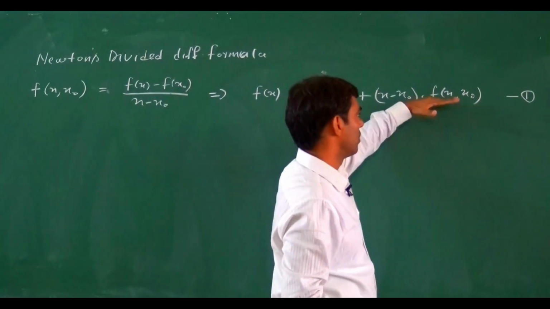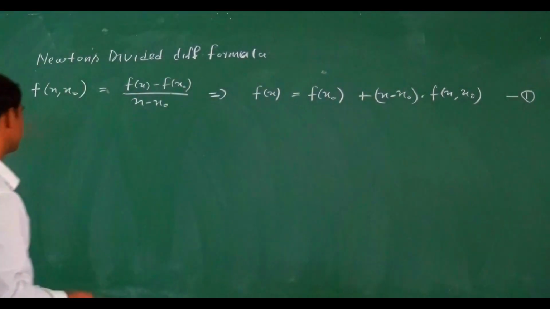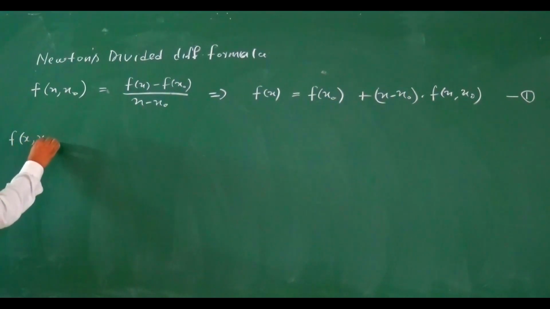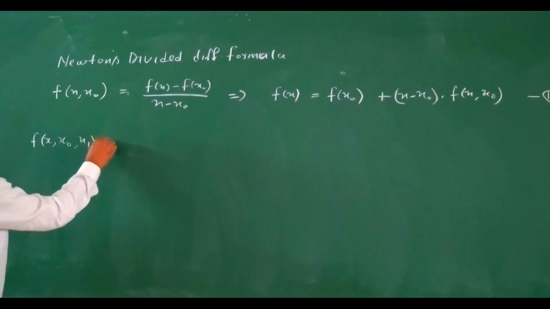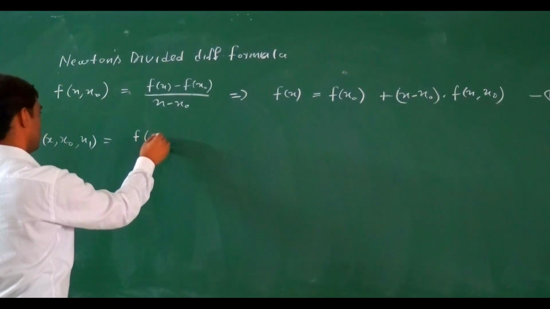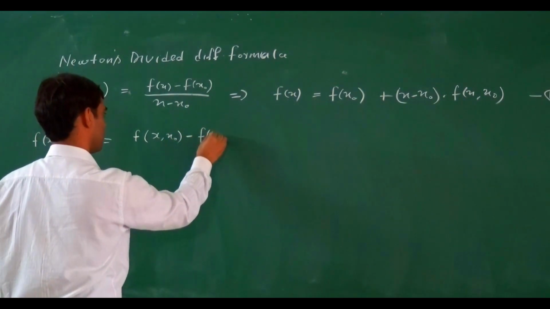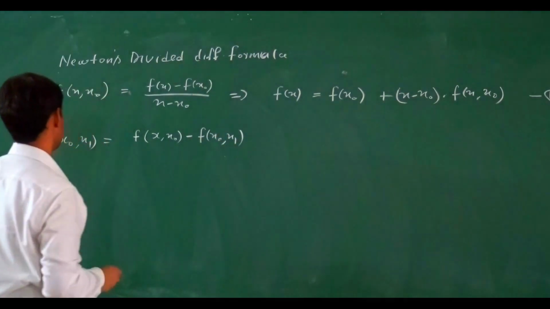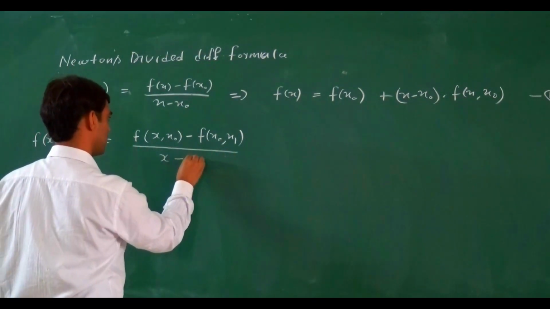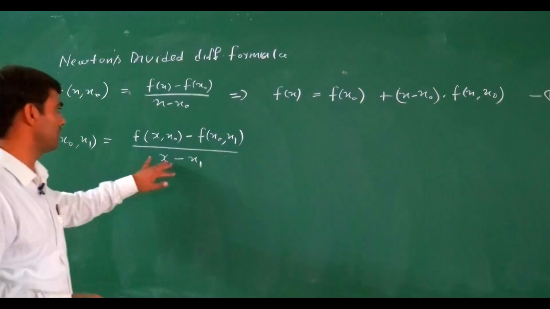What is the second divided difference? f of x0, x1 becomes f of x, x0 minus f of x0, x1, and the denominator becomes x minus x1, rather than x minus x0.